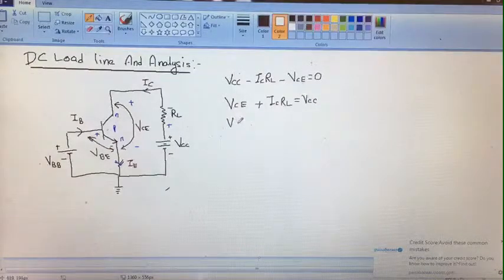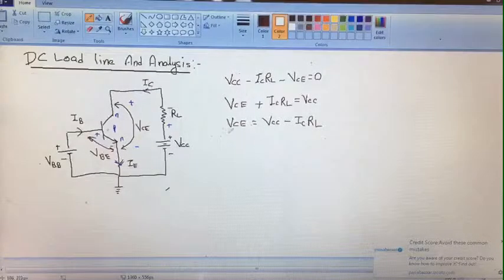From here we get the value of VCE, which is equal to VCC minus ICRL. We have selected the output terminal of the common emitter configuration.